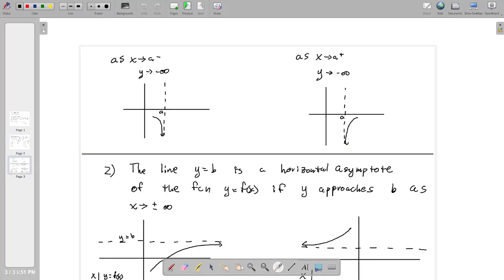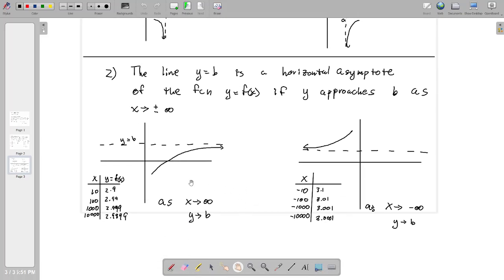My next question, how many horizontal asymptotes can I have? And this question is actually not infinitely many. You can have 0 horizontal asymptotes, you can have 1 horizontal asymptote, or you can have 2 horizontal asymptotes. There's only 2 ways for x to go to an infinite value. That would be in the negative version and the positive version.